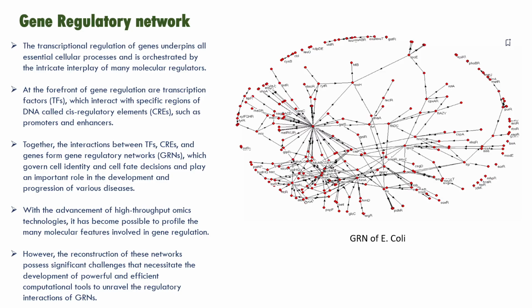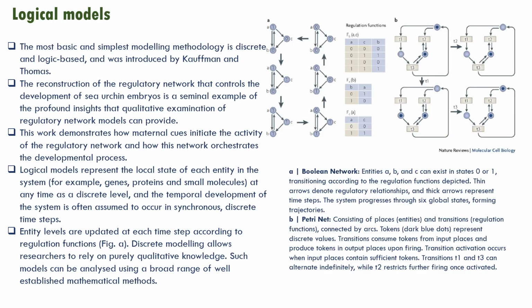Basically, a transcription factor or another protein can go and bind to that area and regulate the expression of the gene. Reconstruction of these networks poses significant challenges that necessitate the development of powerful and efficient tools to unravel the regulatory interactions of GRNs. But today we'll look at GRN from a modeling point of view, not from a reconstruction point of view. We have seen that. So let's get to it.